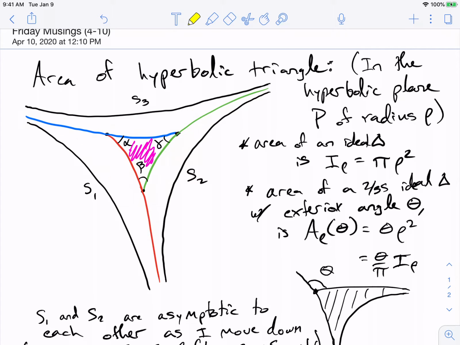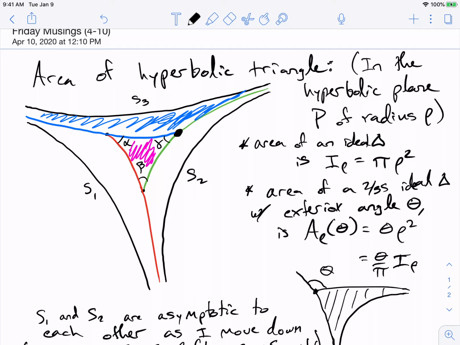Now, the key to doing that is to realize that the part that I just had yellow can actually be viewed as a bunch of 2/3 ideal triangles. So for instance, this region in here, what is it? Well, it's enclosed by this blue and this green geodesic, which meet at this black vertex.